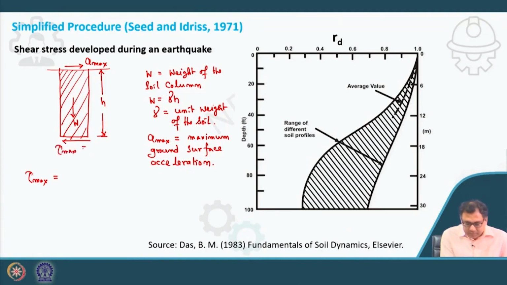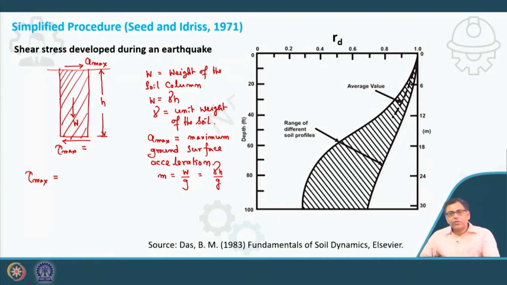The stress is gamma into H, which is the weight of the soil. If I divide it by g, I will get the mass. Mass will be W by g, so this will be gamma H divided by g.